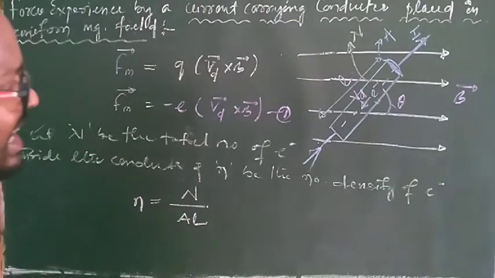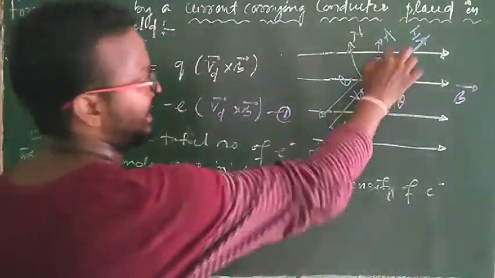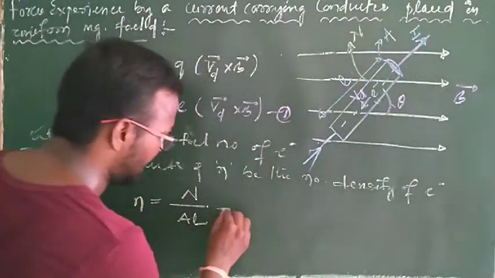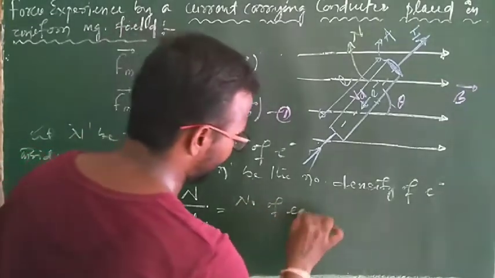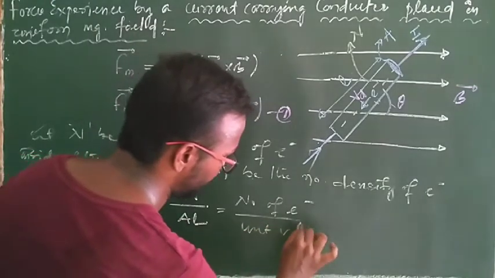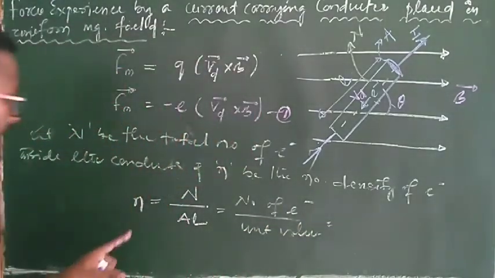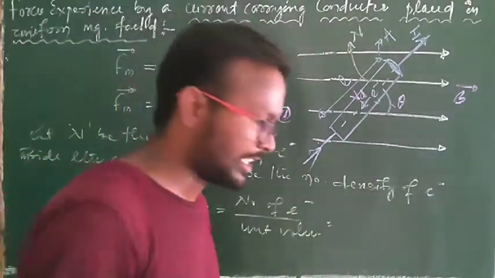A means area of cross section of the conductor and L means total length of the conductor. So total number of electrons divided by unit volume is known as electron density, or n is the number density of electrons.